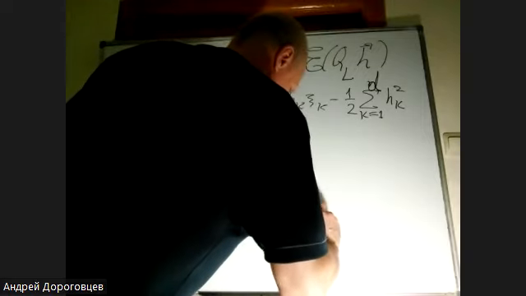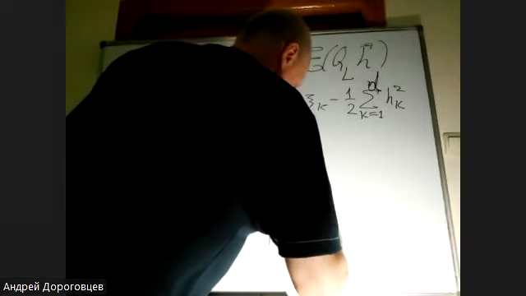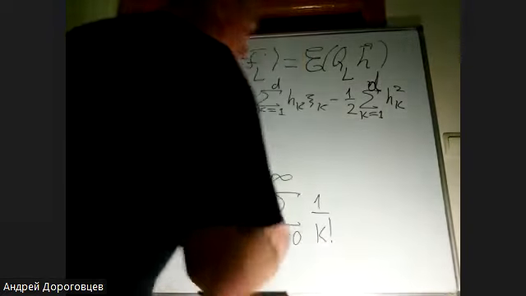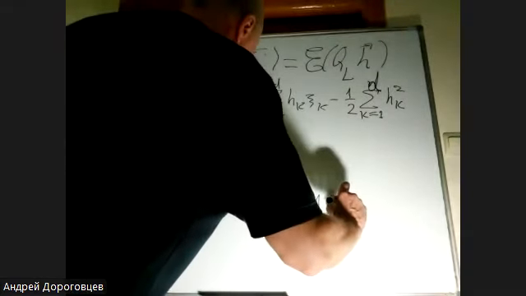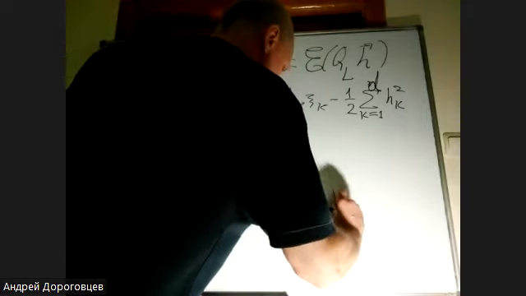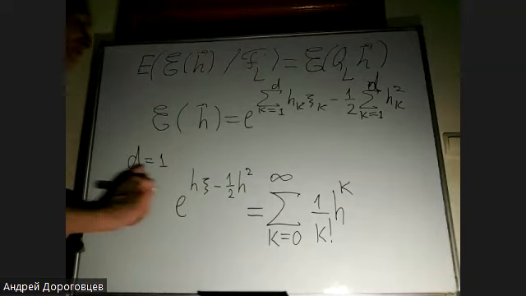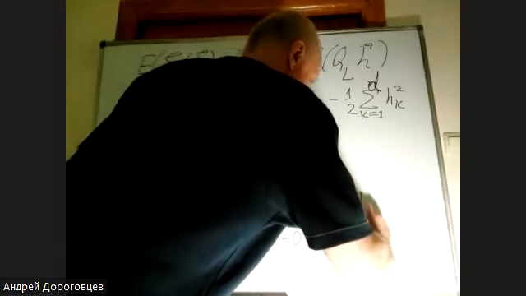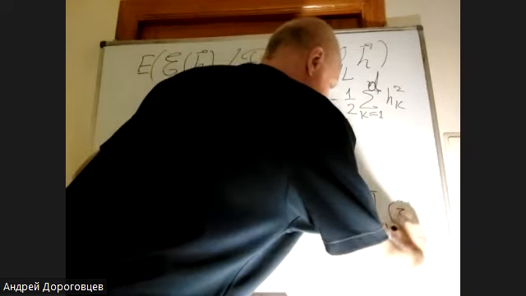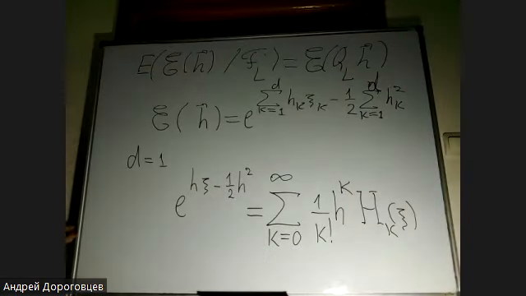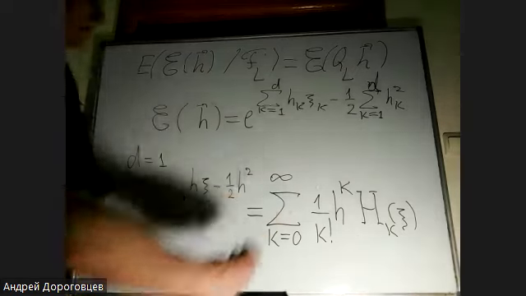And here is the following: the sum of 1 over k factorial, h to the power k, times some polynomial H_k of ψ. What is this H_k of ψ?